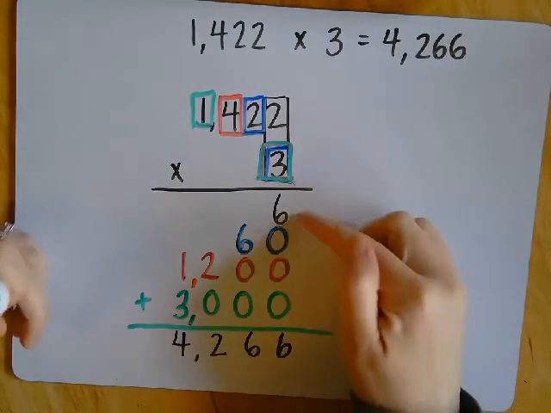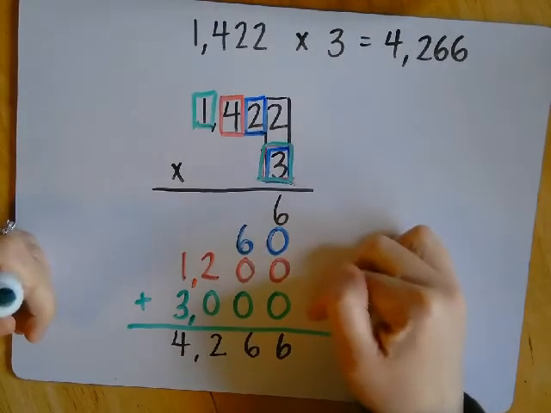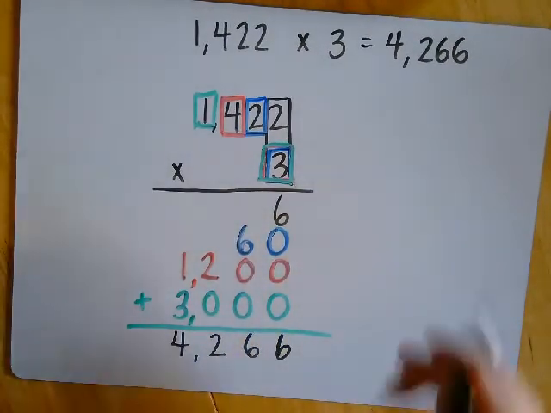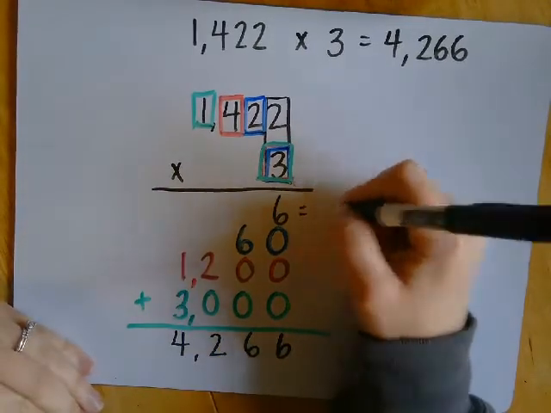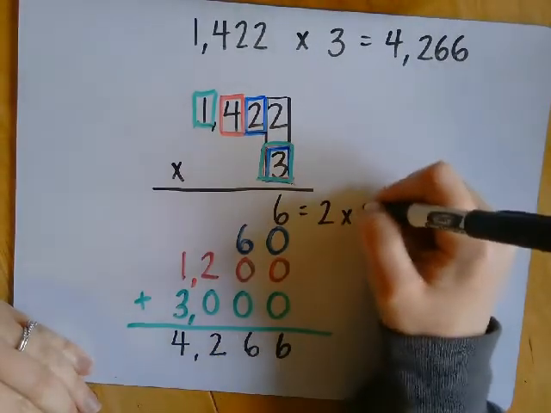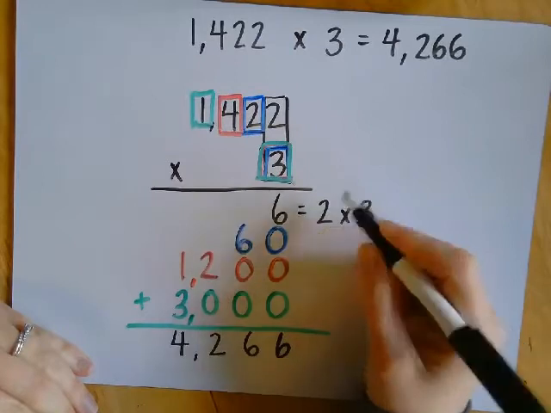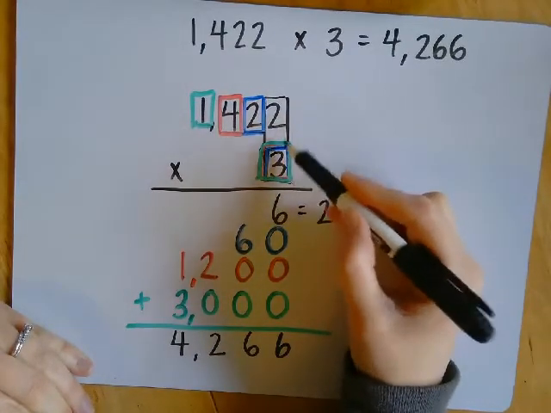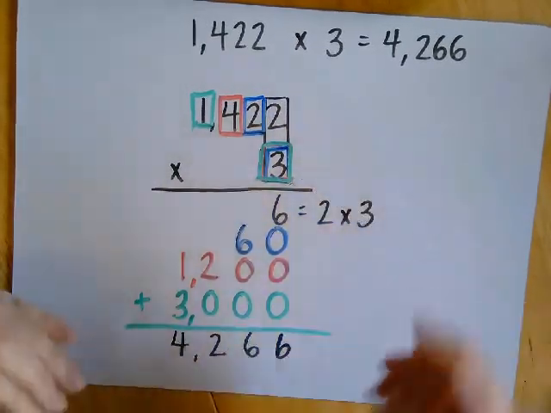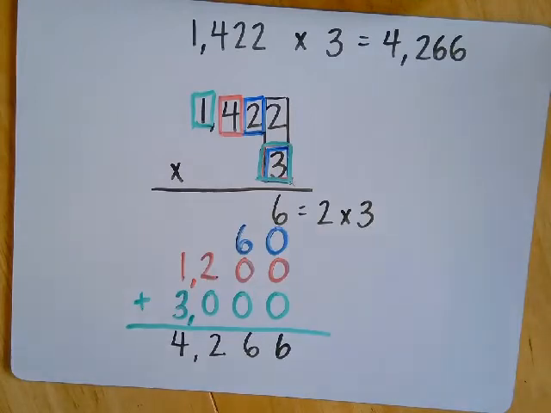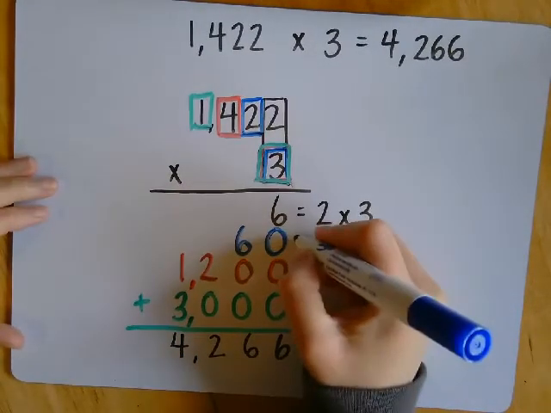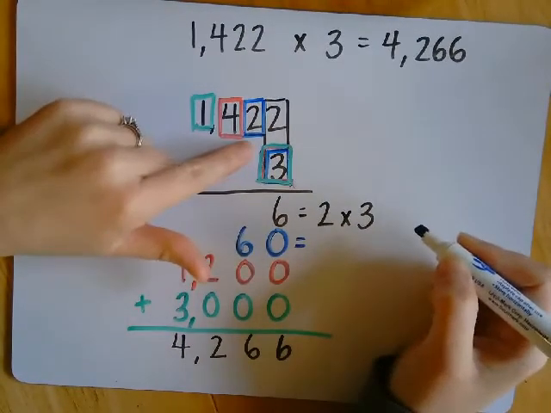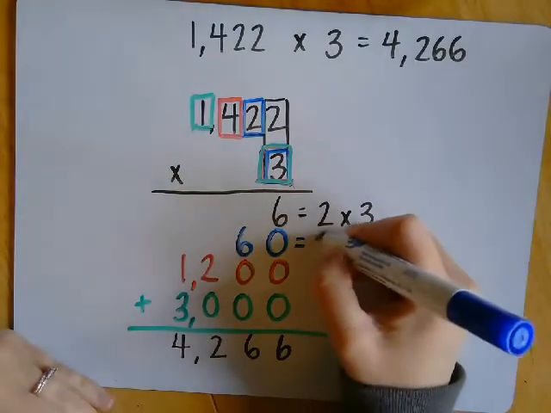If I went back and showed you where each of these partial products came from, starting in the ones place, I got 6 by multiplying 2 times 3. That was my first step. I got 60 by multiplying 20 times 3.